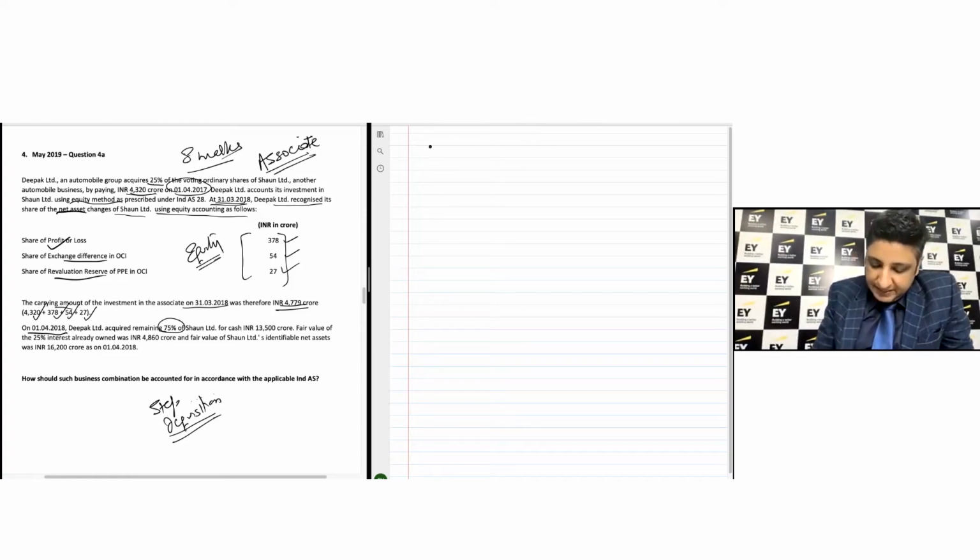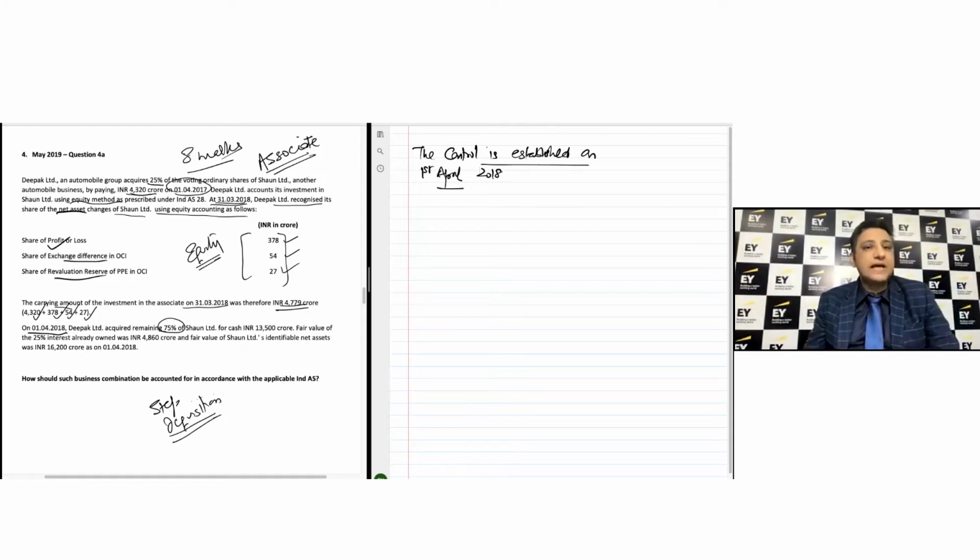It means that the control is established on 1st of April 2018. What do you do on that day? The moment the control is established, you consolidate. That's what you're supposed to remember. You consolidate, right? You calculate goodwill on that date. You take all the net assets of that other company, as a part of the group. That is something that you want to remember, right?